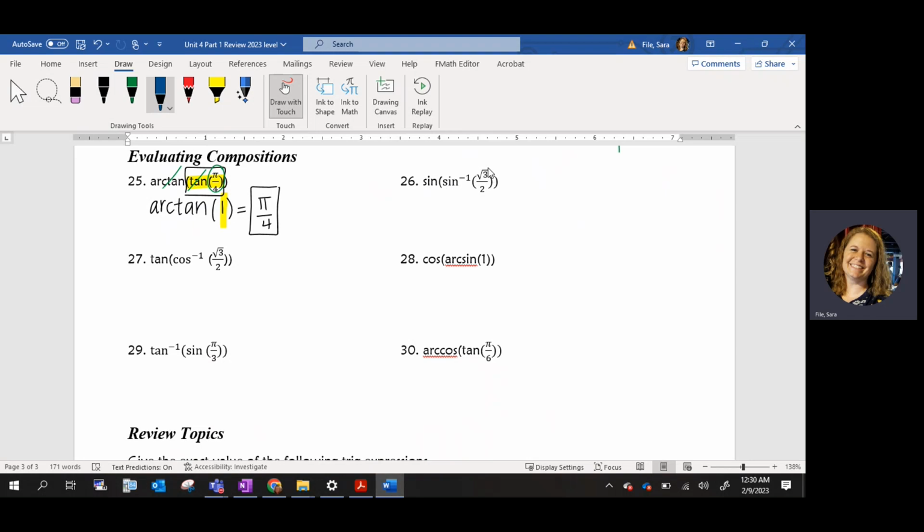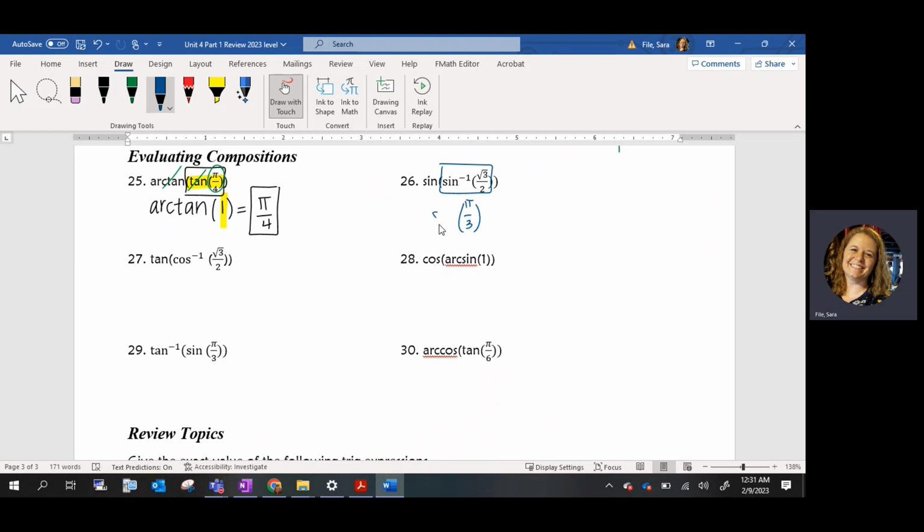Okay, so notice that it's an exact value, not an angle measure, because the order of those is switched. We're still going to work inside out to check and make sure, can those just cancel out? So inverse sine of √3/2 means at what angle is sine √3/2? Well, sine is √3/2 at pi-thirds.